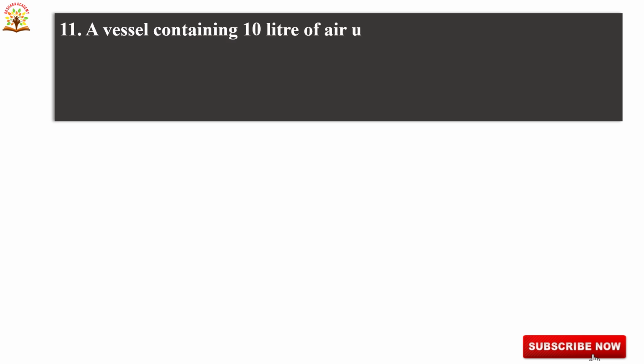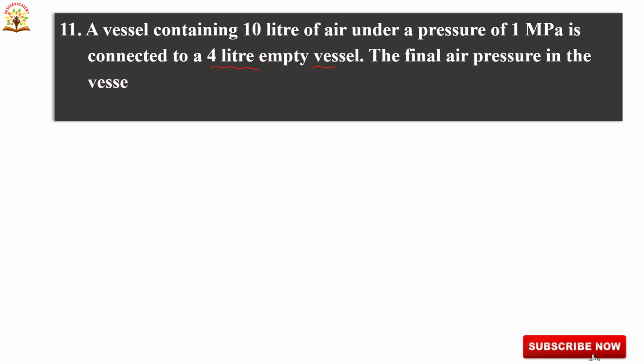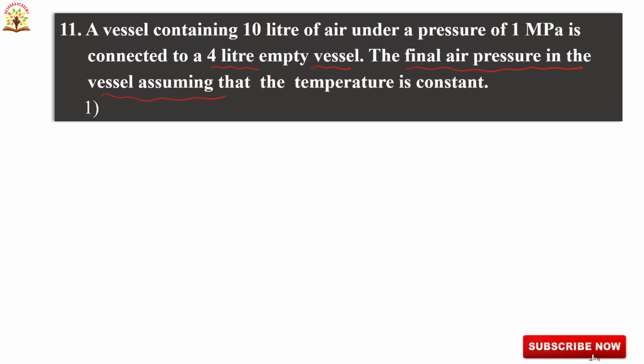A vessel containing 10 liters of air under a pressure of 1 megapascal is connected to a 4 liter empty vessel. Find the final air pressure in the vessel, assuming that the temperature is constant. Here we have to calculate the final pressure. Temperature is constant.